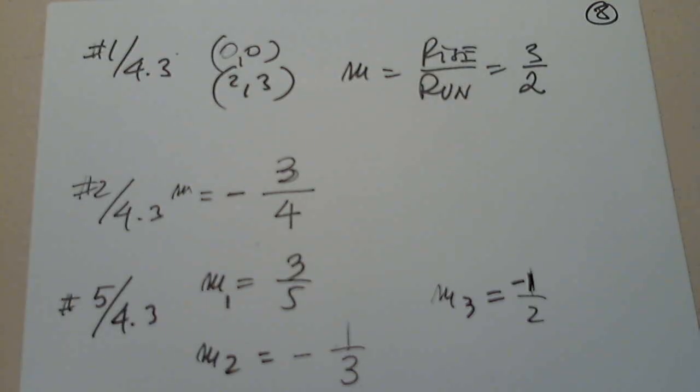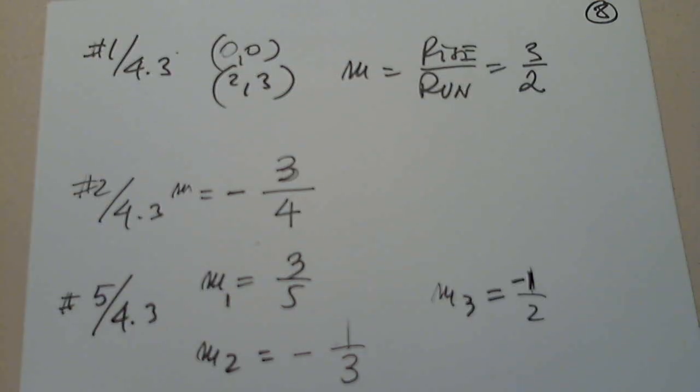So we have, for the first one, 3/5. 3 over 5. For the next one, we have negative 1/3. And for the last one, we have negative 1/2.